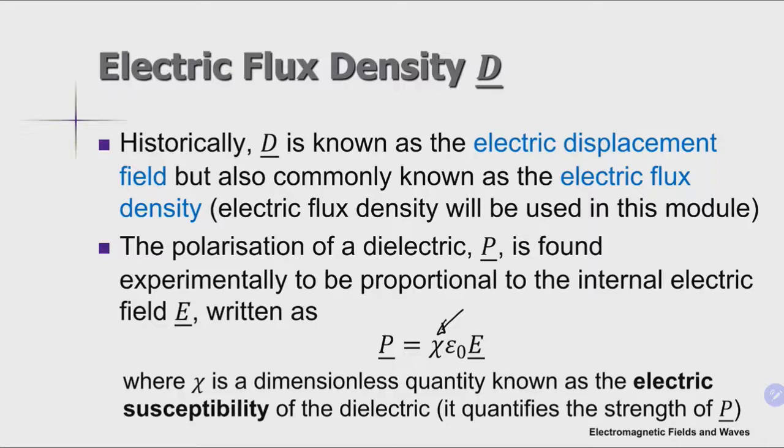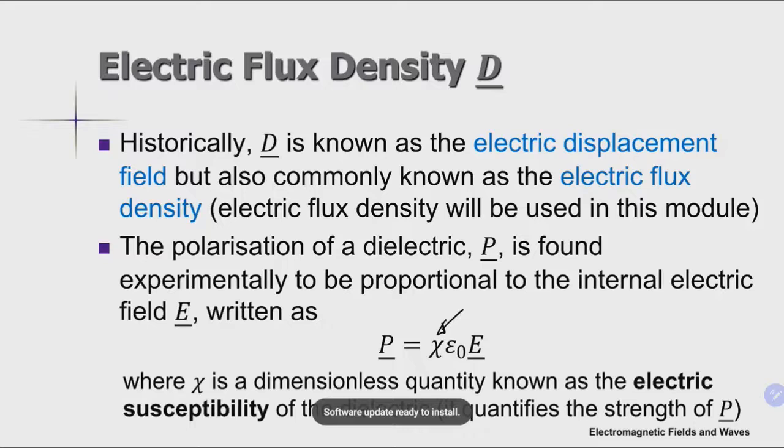Anyone know? Anyway, it doesn't really matter what it's called. So it's the electric susceptibility of the dielectric, and what it does is quantify how well the dielectric materials polarize.